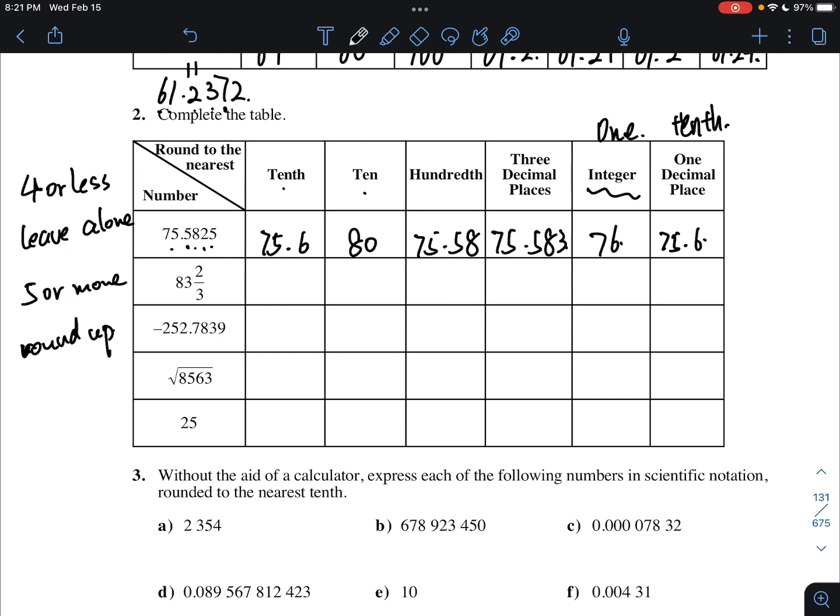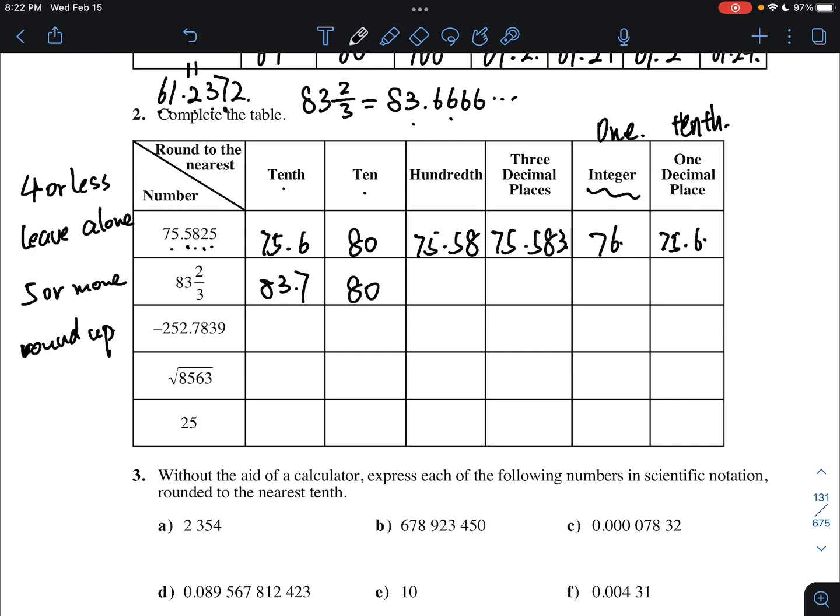Okay, next one, 83 and 2 over 3. So for this one, if you use your calculator, this one is 83.6666 and infinity. And for the tens, we need to look at the 6. So 6 is 5 or more, so round up is 83.7. And for the tens place, we need to look at 3. 3 is 4 or less, so leave it alone, so it's 80.